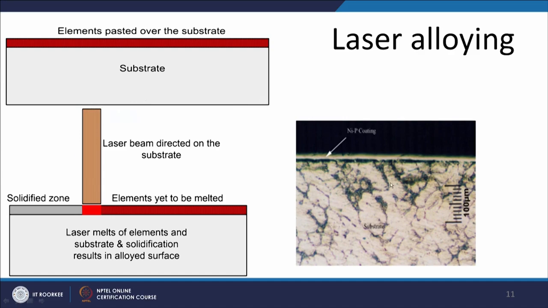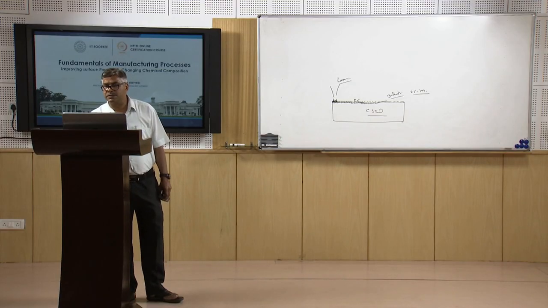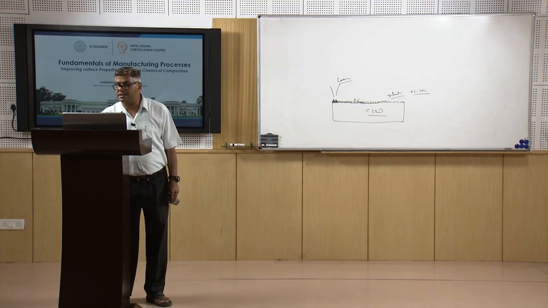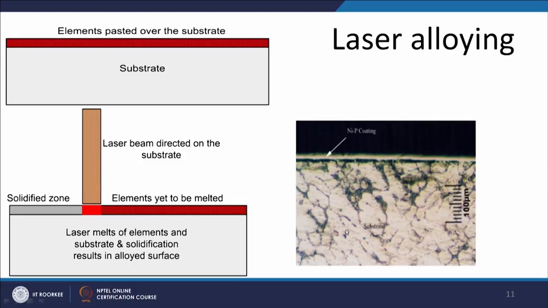This is how we introduce the elements at the surface, and that is why it is called laser alloying. If we see this component which has been laser alloyed, this is the substrate, and near the surface the layers are modified using a nickel and phosphorus coating.